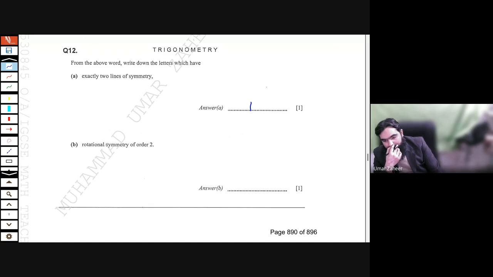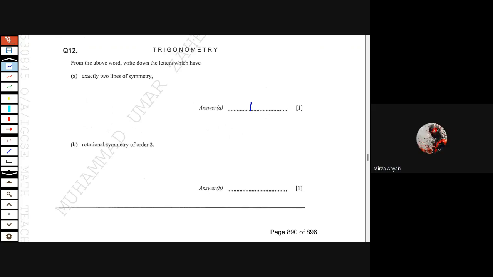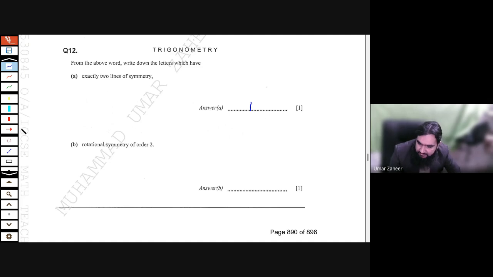Yes, everyone. Rotational symmetry of order 2. Any letter here? It can be more than one, okay? Sir, N? Yes. There is an N. The N has exactly order 2 rotation symmetry.